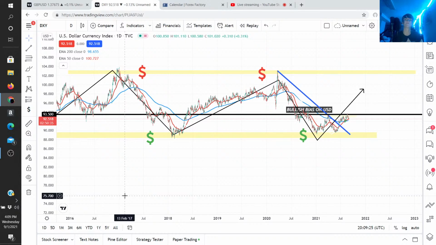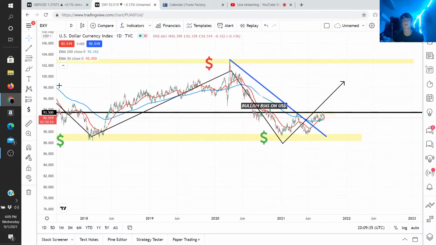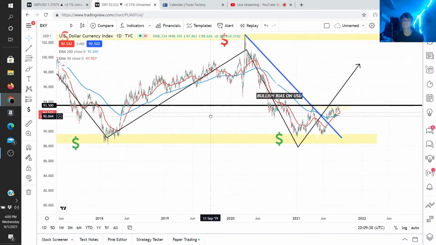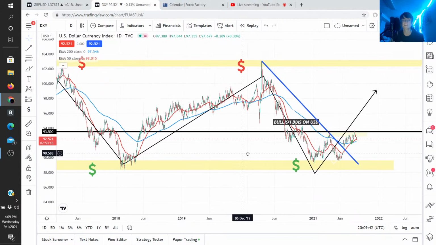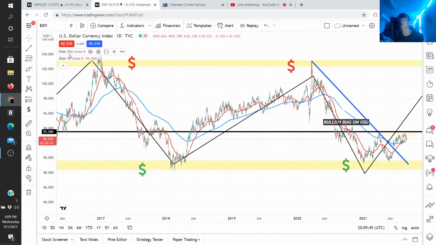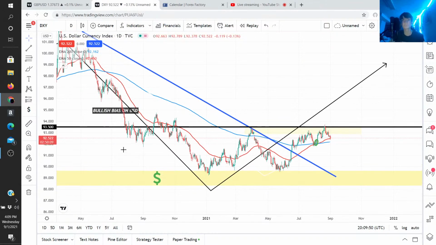As you may know, I trade support and resistance, levels where I believe the banks are getting in on their entries at the very bottoms and the very tops. So I have a 200 exponential moving average, which takes the last 200 days' worth of candlesticks, averages them out and puts it on the line. And then I have a 50 exponential moving average, which takes the last 50 days' worth of candles.